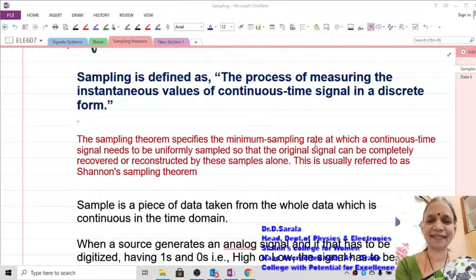What you do is you test the system every 5-10 minutes or equal intervals of time. All these are known as sampling.